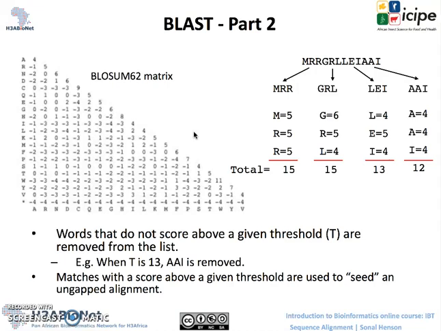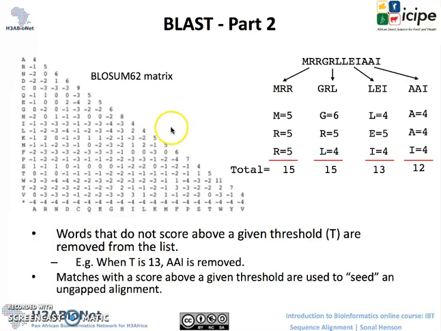Remember, a BLOSUM substitution matrix is based on observed aligned protein sequence blocks of very conserved regions of protein families. So the scores in the matrix show the frequency at which an amino acid has been observed to be substituted with another amino acid in nature.